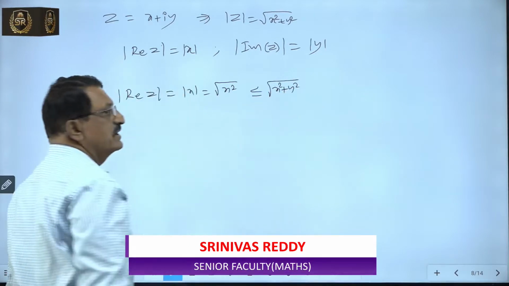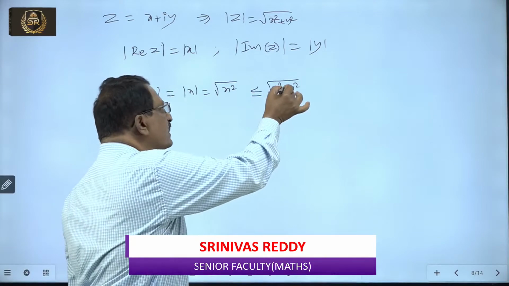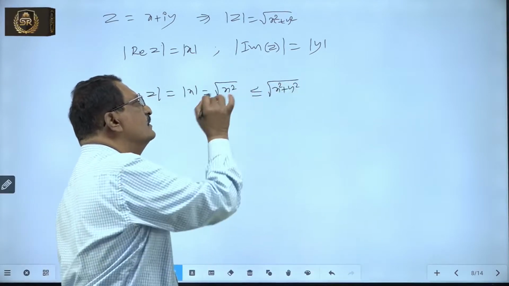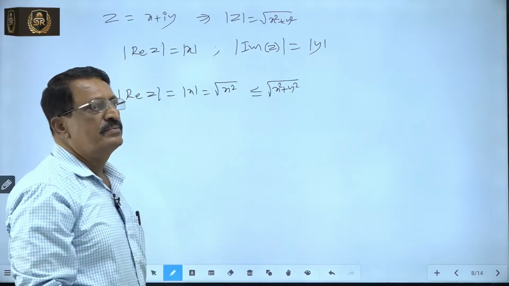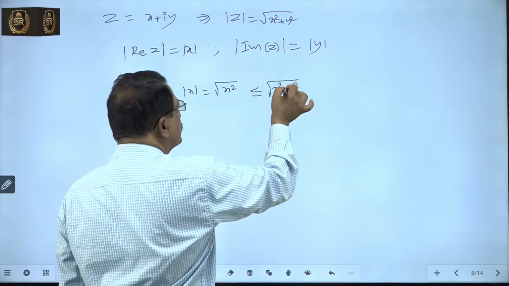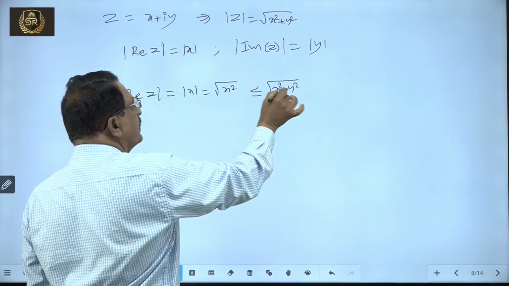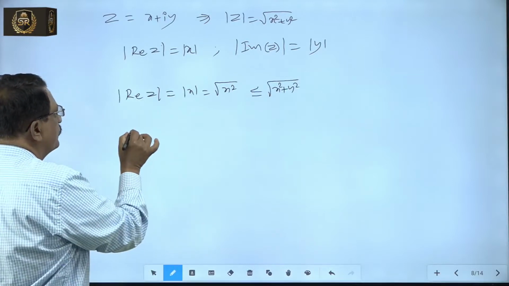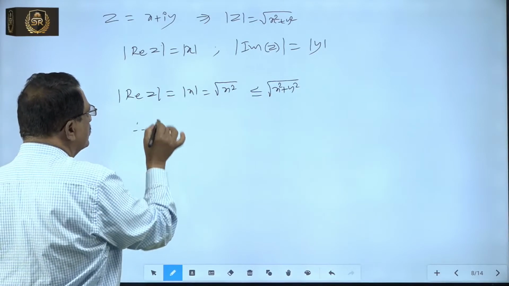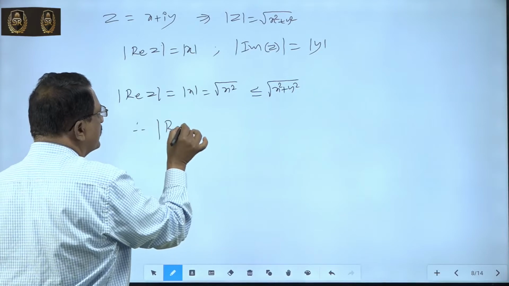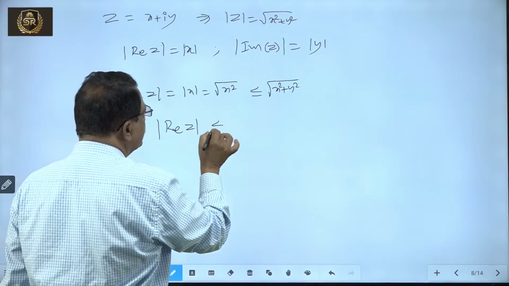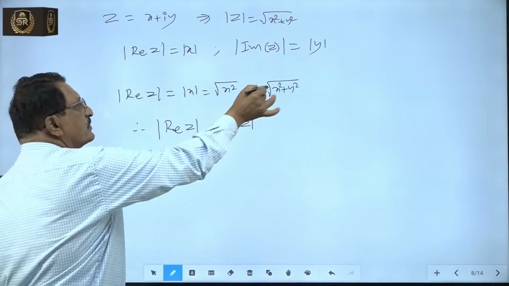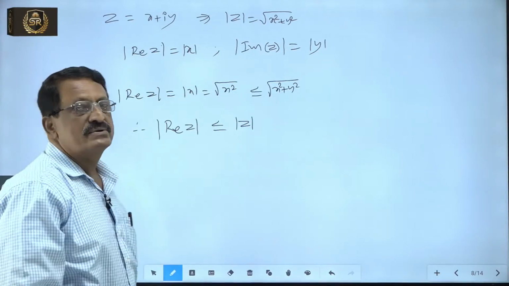If y equals 0, imaginary part is 0, we get root of x square equals mod x. Therefore from this inequality, mod of real part of Z is less than or equal to mod Z, square root of x square plus y square.